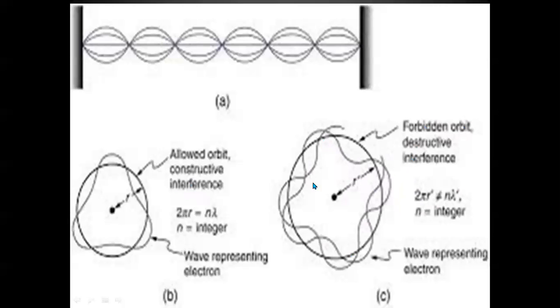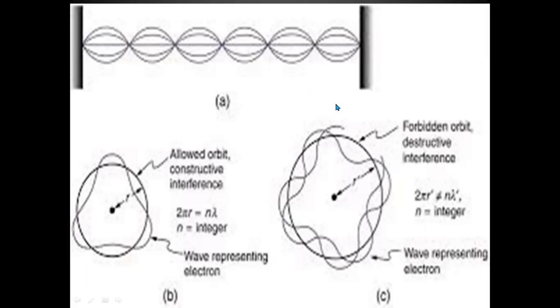So this is according to Bohr's theory, in which Bohr says that the angular momentum of an electron should be an integral multiple of h by 2 pi. The integral multiple again will be n, 1, 2, 3, etc. the values of n.